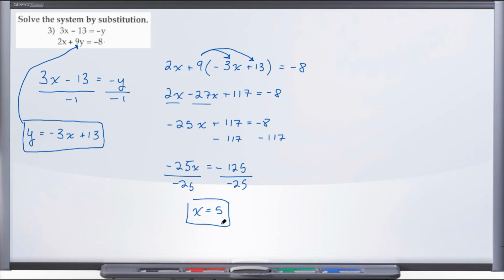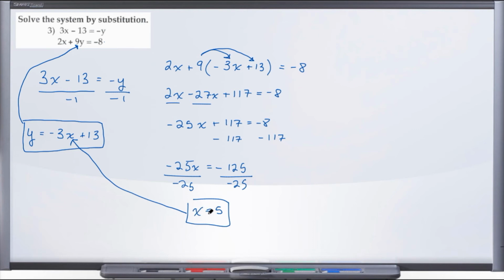All right, so now that we've solved for x, it's a real number. It's no longer in terms of another variable, where we have one variable equals a number. Let's take this result now and plug it in to our first equation here that we manipulated and solved for y, because as soon as we take this x value, plug it into our -3x plus 13, we'll have the y value.